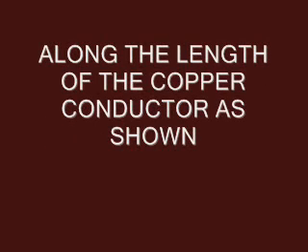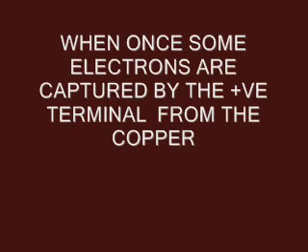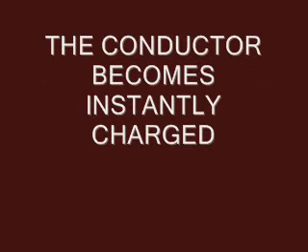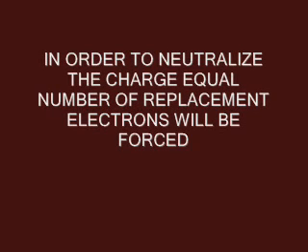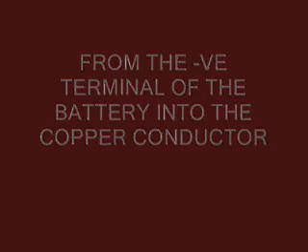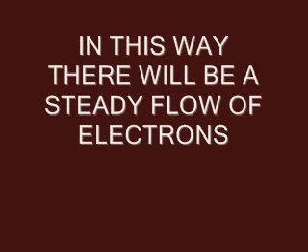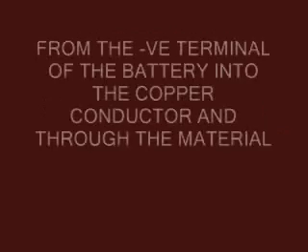These forces make the wandering electrons systematically drift towards the positive plate of the battery along the length of the conductor. Then, once some of the electrons are captured by the positive terminal from the material, the copper conductor becomes instantly charged, and in order to neutralize the charge, an equal number of electrons will be forced from the negative terminal of the battery into the material.